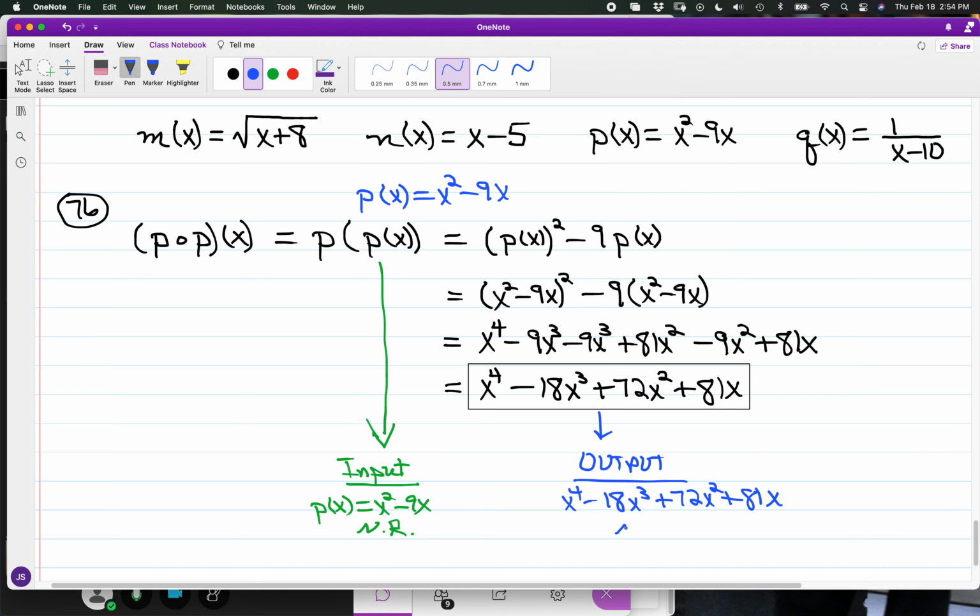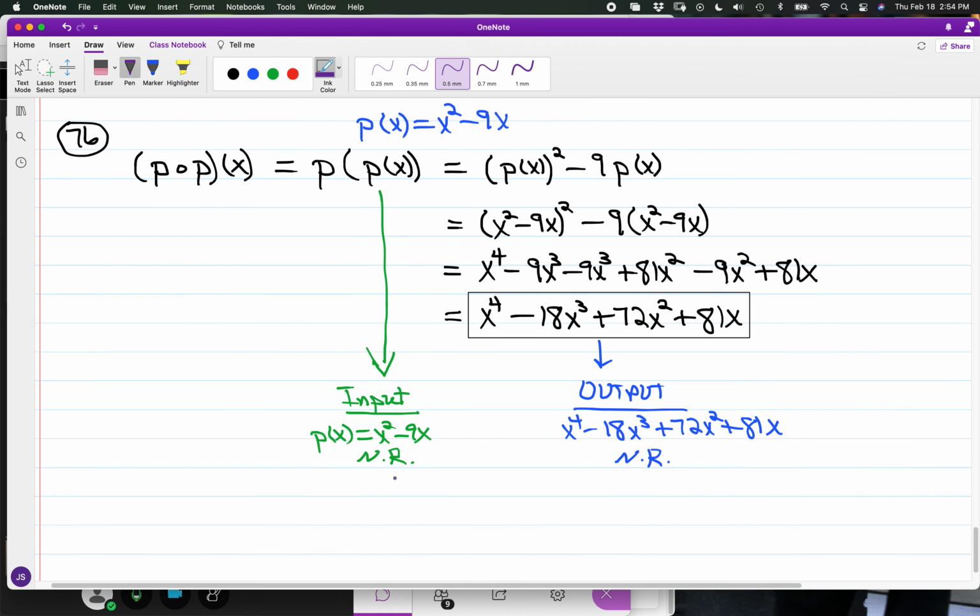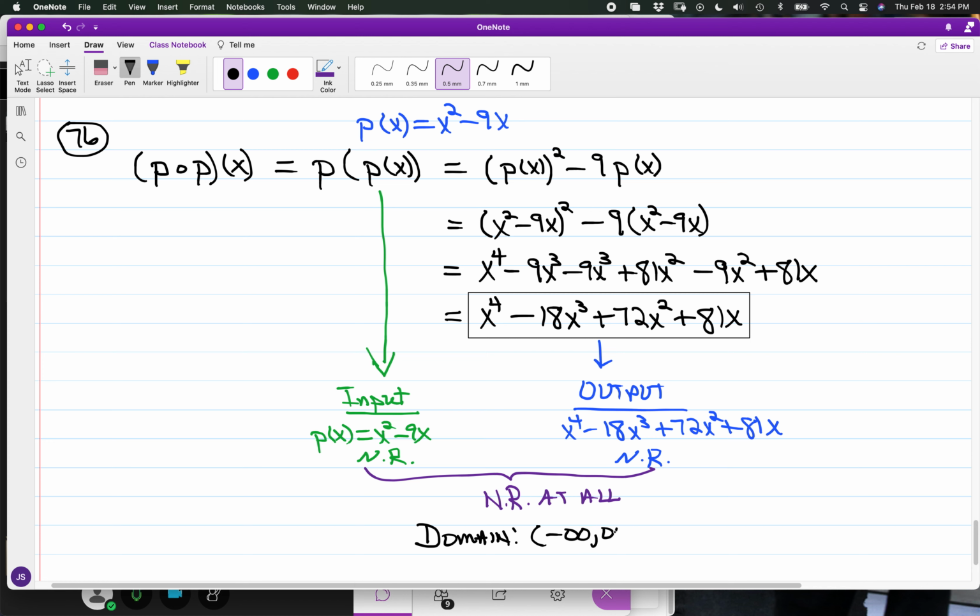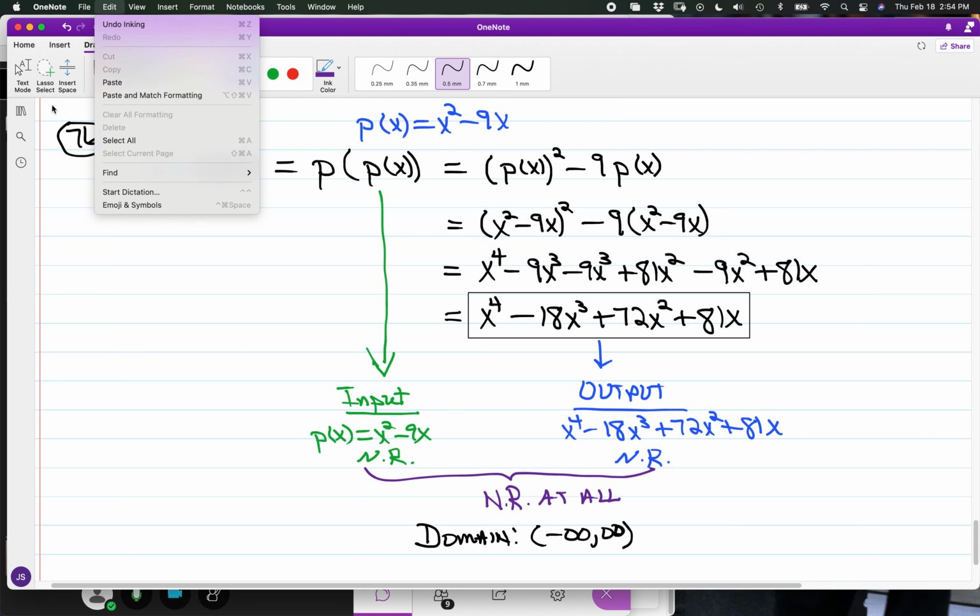This one has no restriction, so between the input and the output, there's no restriction at all. Because there's no restriction for the input function and the resulting composition, the domain of P composed with itself is going to be the set of all real numbers. And that is the resulting domain once again.